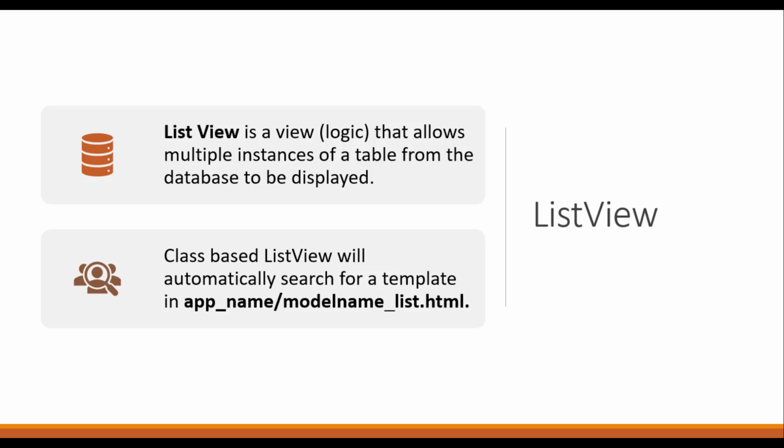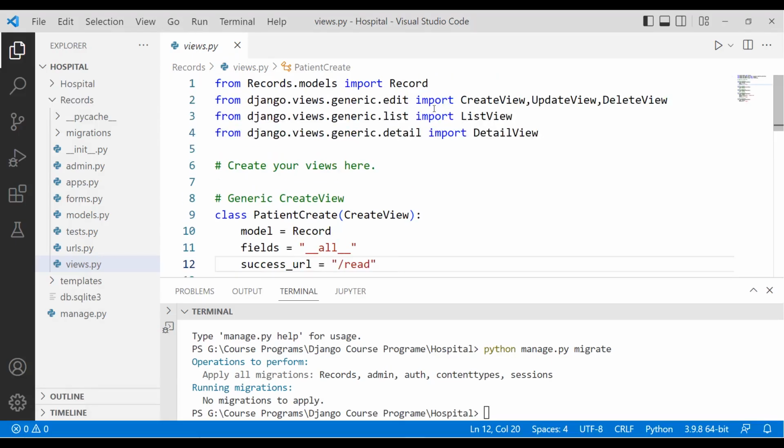Now I will show you how to create this ListView by using the extended generic view concept. So for creating the ListView, I import the library from django.views.generic.list.